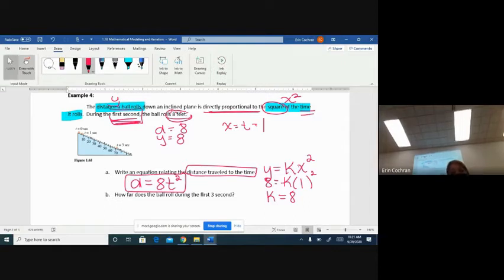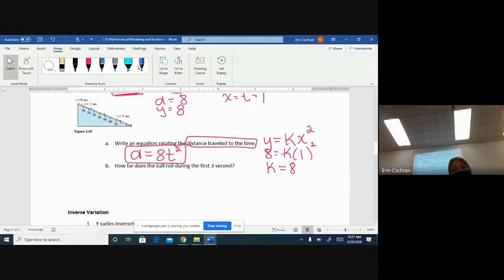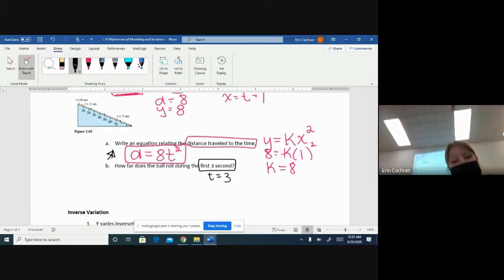Now part B, how far does the ball roll during the first 3 seconds? So how would I figure out the distance? Well, do I have an equation? Yeah. And 3 seconds, what does that 3 represent, my d or my t? My t. So if t equals 3, can I find how far, which is my distance?